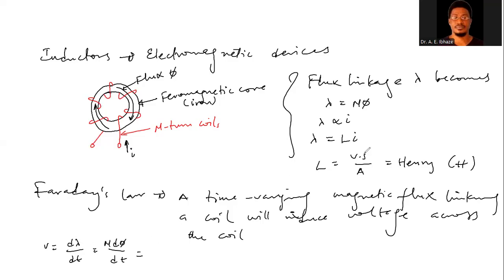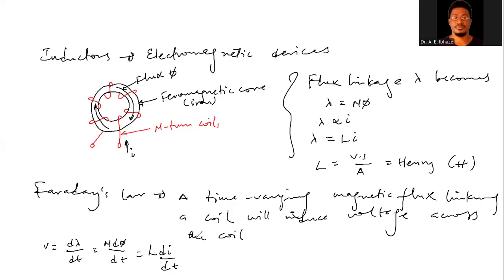Lambda is L i, so that's going to give us the same as L di dt. And we already know that Lenz's law mentioned that an induced voltage always gives rise to a current whose magnetic field opposes the change in the original magnetic flux.